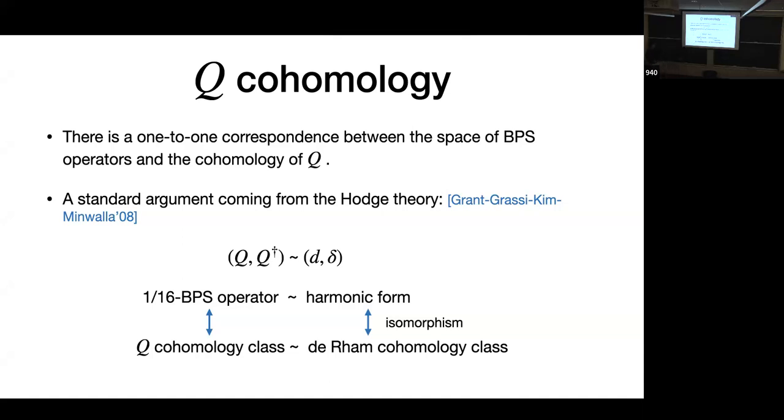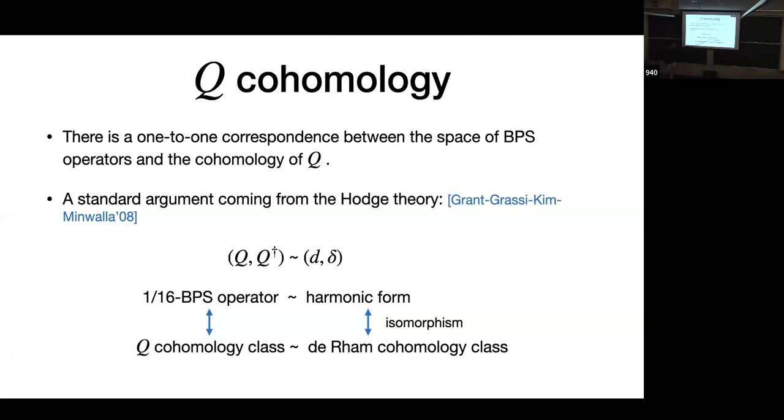The argument for this statement goes as follows. It's actually a standard argument coming from Hodge theory, and we can make this analogy. We have Q and Q dagger, and in Hodge theory there is an exterior derivative and a co-differential, that is d and delta. In Hodge theory, we are dealing with differential forms, and there are particular differential forms called harmonic forms. They are the forms that are annihilated by both d and delta.